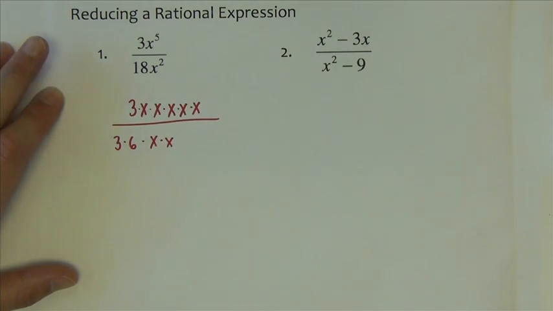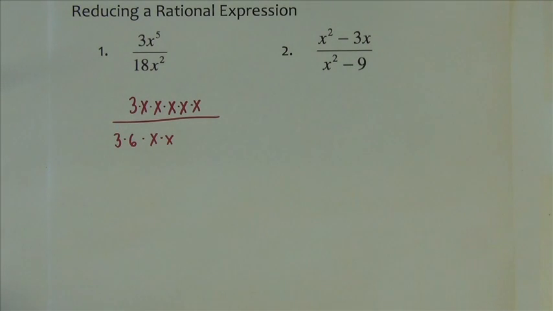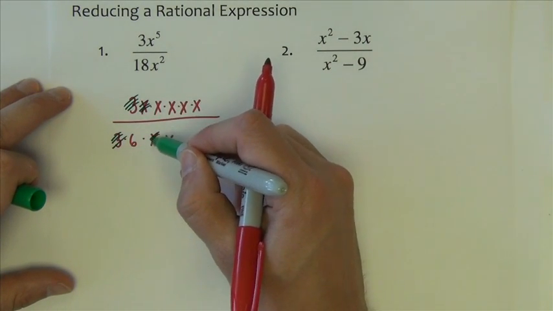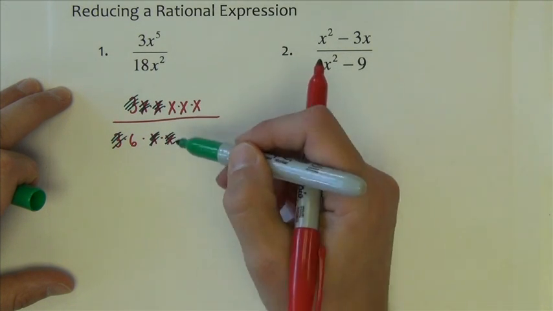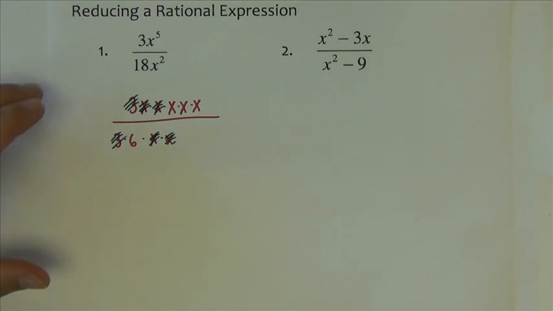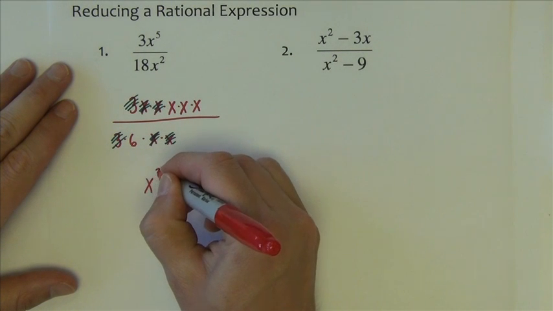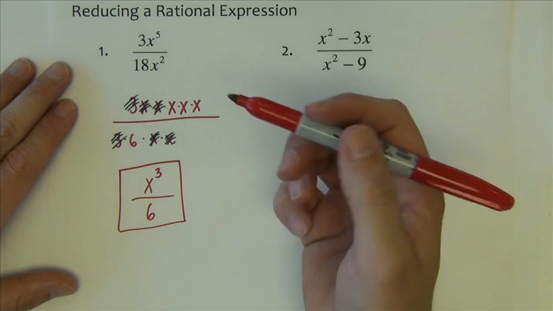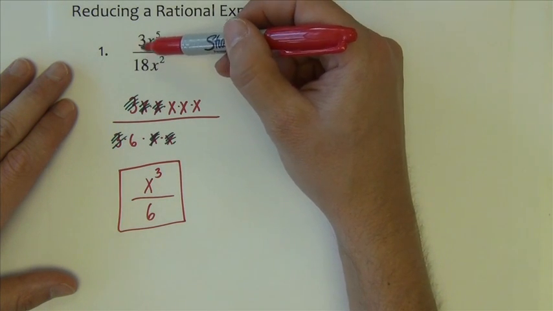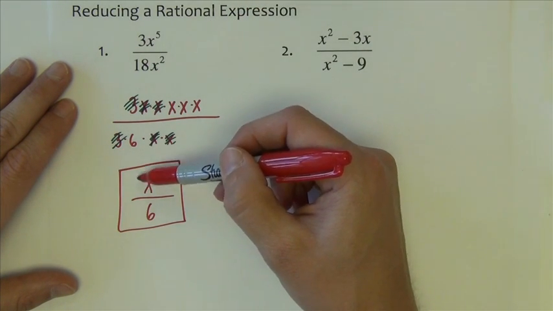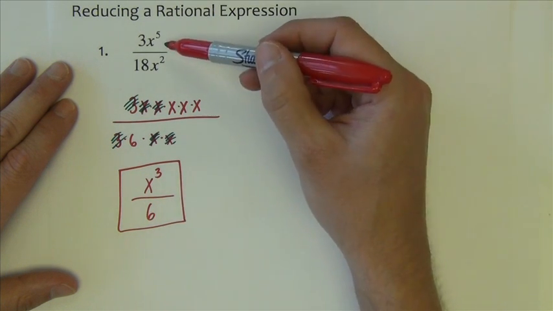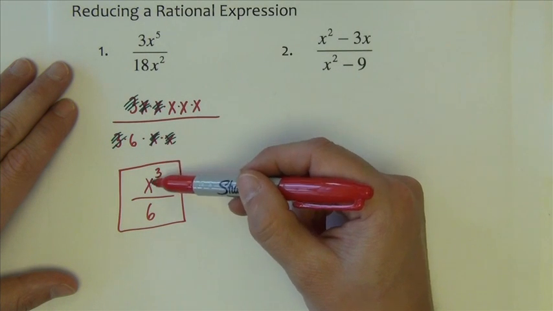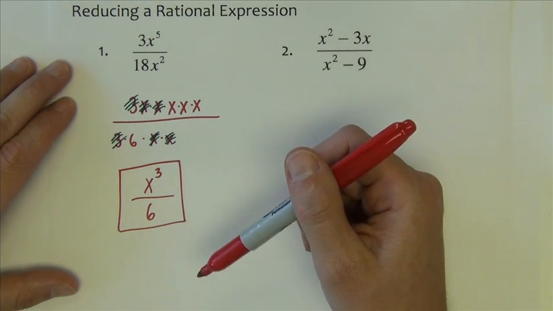Now we're just going to cross out all the common factors. We're going to reduce them out. So the 3's go away, x for x along the way, and what's left over in the numerator is x to the 3rd, denominator is 6. Of course, 3/18 reduces to 1/6, and if I subtract powers on the x's, 5 minus 2 is 3. That's the faster way to do it.